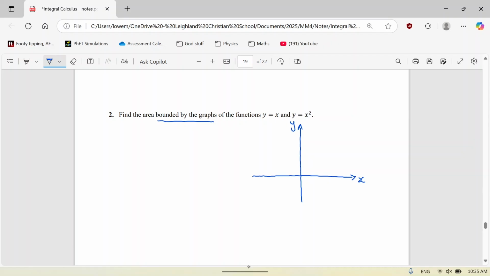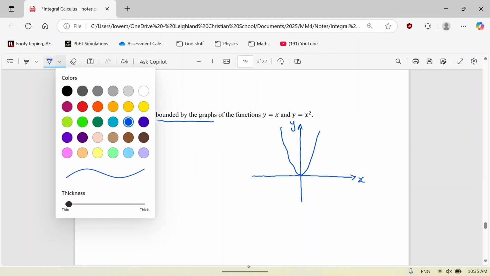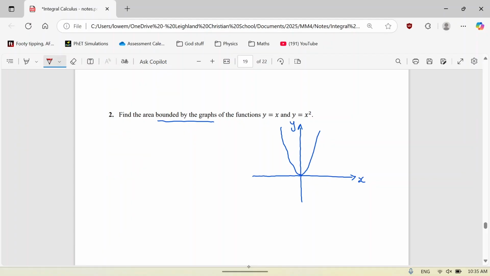Let's look. So y equals x squared as a first instance is our most basic parabola. We can sketch that reasonably neatly. Okay, a little bit wobbly there, but that's okay. And then y equals x. So if we go with y equals x, that is going to have a graph that looks like that.